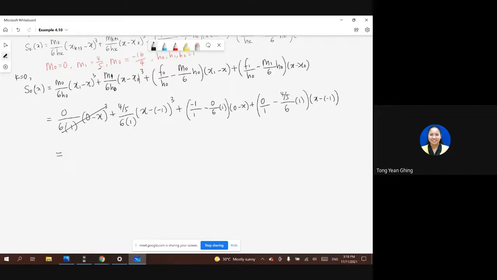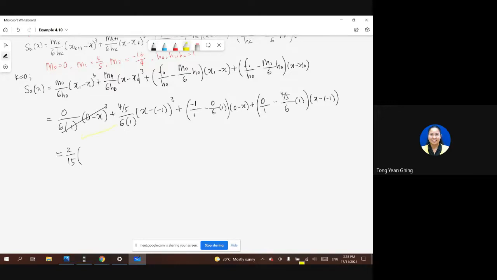Okay. So this one 4 over 5 divided by 6. 4 over 5 times 1 over 6. 4 over 30, become 2 over 15.